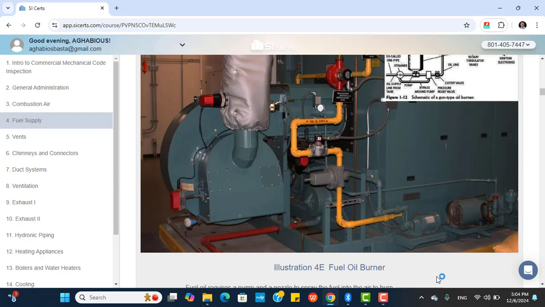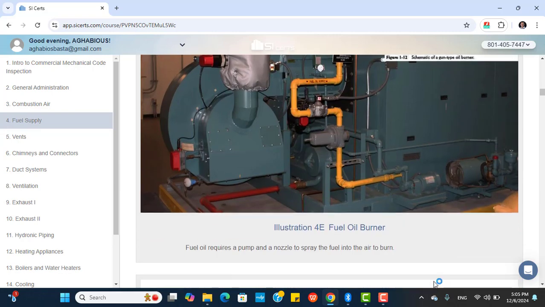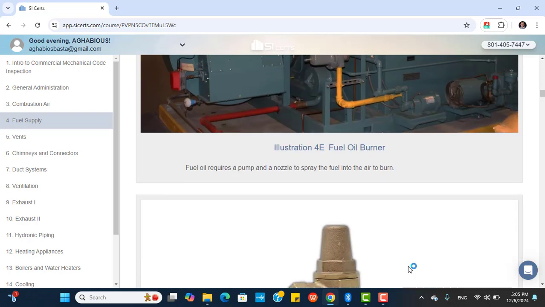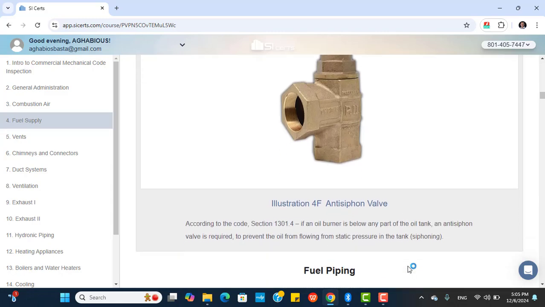Illustration 4e, fuel oil burner. This is a fuel oil burner. Fuel oil requires a pump and nozzle to spray the fuel into the air to burn. Illustration 4f, anti-siphon valve.